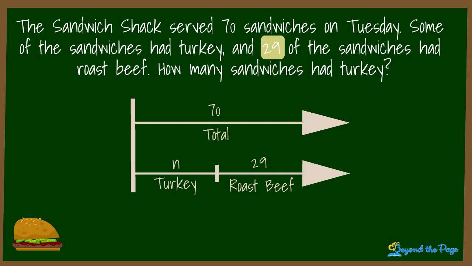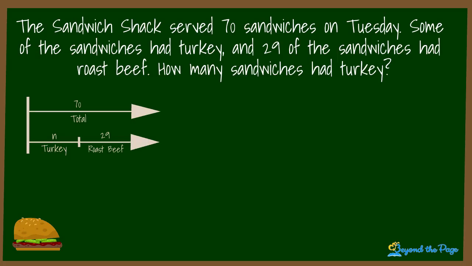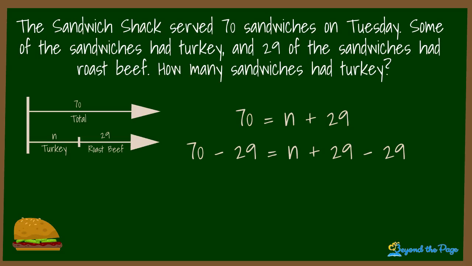The diagram helps to show the relationship of equality between the two expressions. You can see that 70 is the same as the sum of the unknown variable, n, and 29. Once you have the equation, isolate the variable using subtraction to solve it. This equation's solution is n = 41 because 41 + 29 is equal to 70. The value 41 makes the equation true.